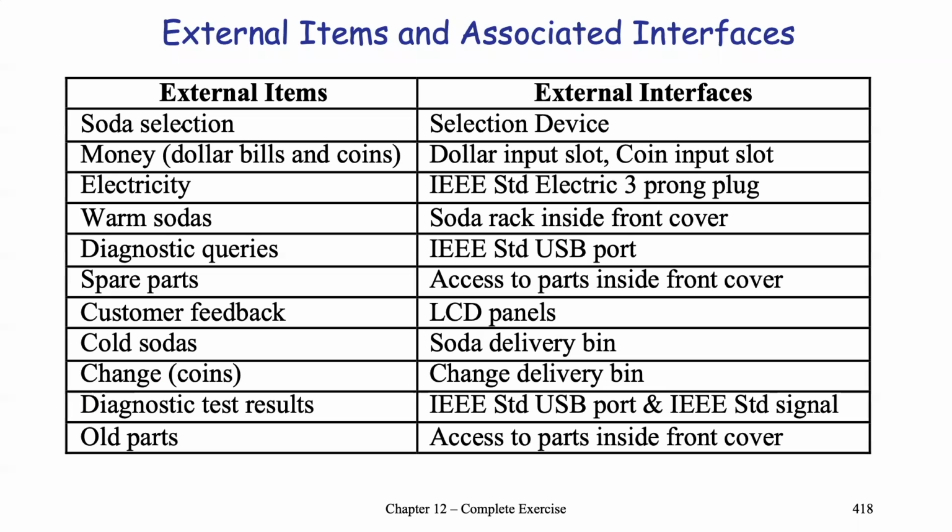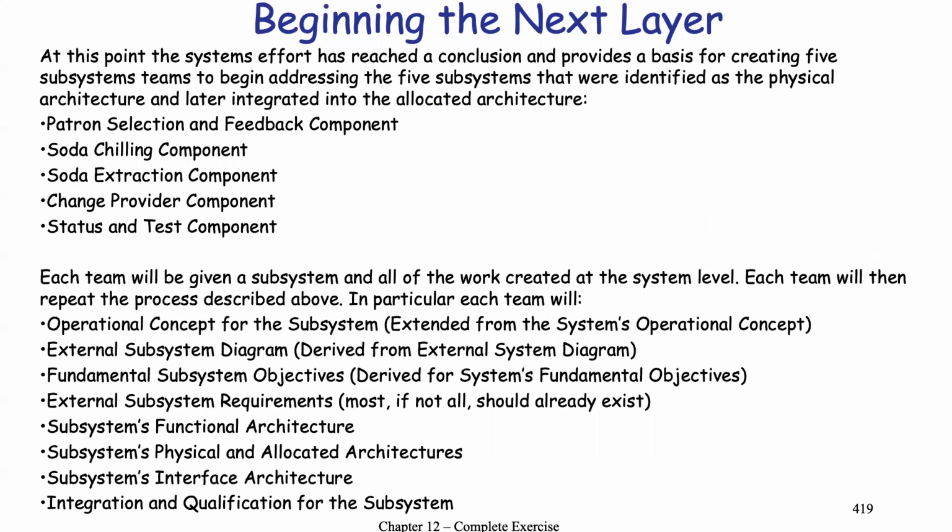These things would need to be codified for a specific system, and these are tailored for a soda machine, with a few decisions for exactly how it's going to work: using an IEEE standard USB port for diagnostics, as an example of something we haven't talked about, and having an LCD panel where the customer can get feedback, because we're trying to negotiate what they want and see how much money they put in the machine, et cetera.